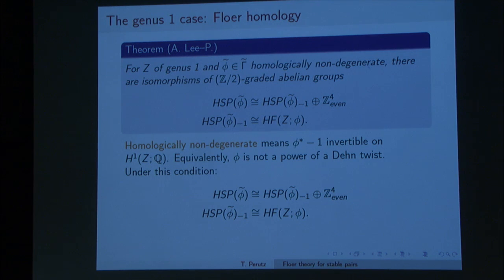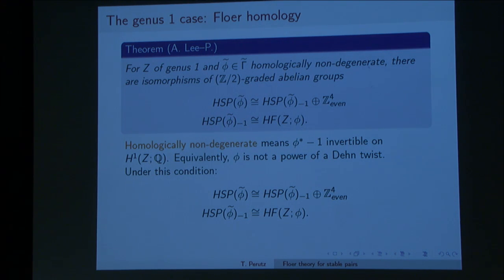So first of all, the stable pair Floer homology breaks up as its -1 part, the part where c1 acts essentially as -1, more precisely the -1 generalized eigenspace, and then a boring part which is just Z to the 4th in even degree, corresponding to all the other eigenvalues. So the interesting part is the -1 summand, and that is isomorphic to the fixed point Floer homology of the action of phi on Z itself.